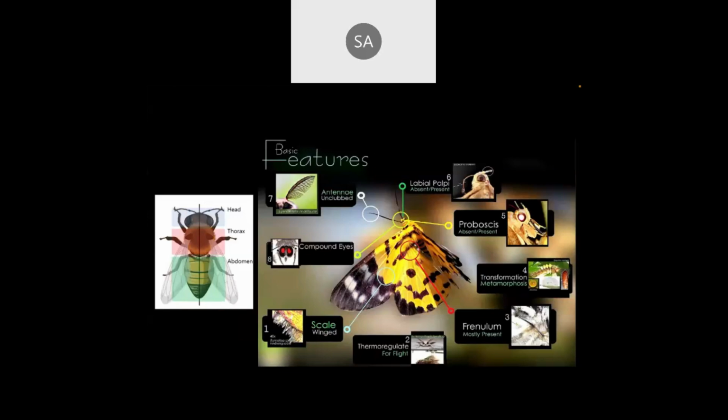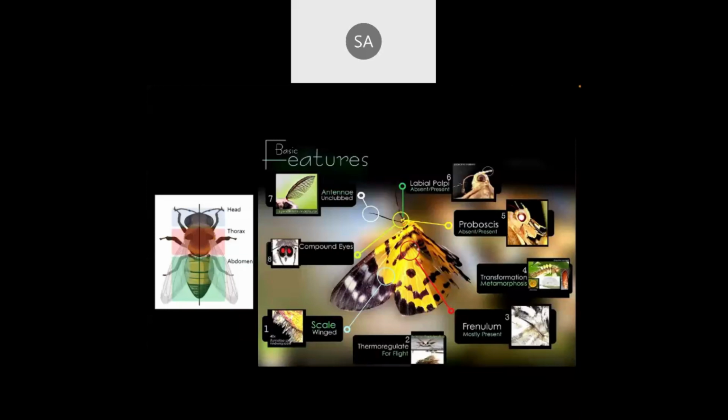Moths have ears called tympanal organs that may be present at the rear of the thorax or at the base of the abdomen. So moths have one more feature: they have the capability to hear ultrasonic sounds.